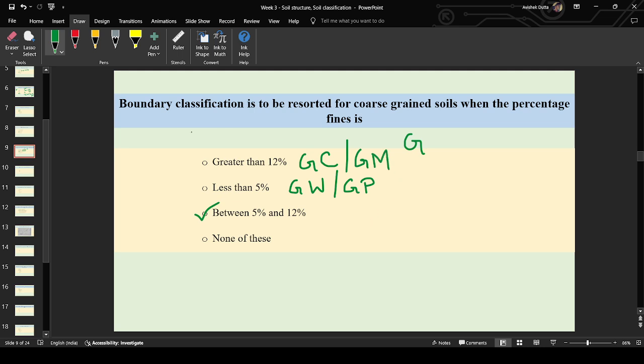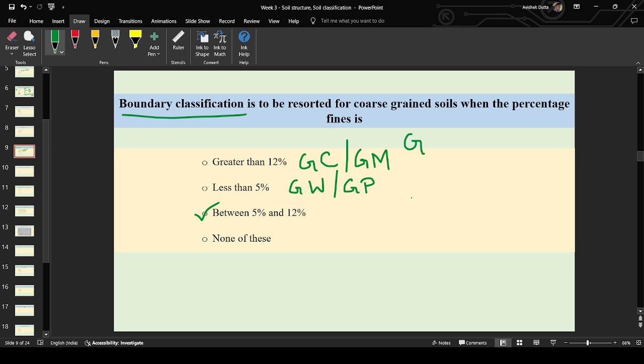Now, what is boundary classification? Suppose we have gravel or sand with clay and silt present, but the percentage of fines by weight is between 5 and 12%, say 7 or 8%. Then we have to take both the gradation of the soil and the percentage of fines into the nomenclature.